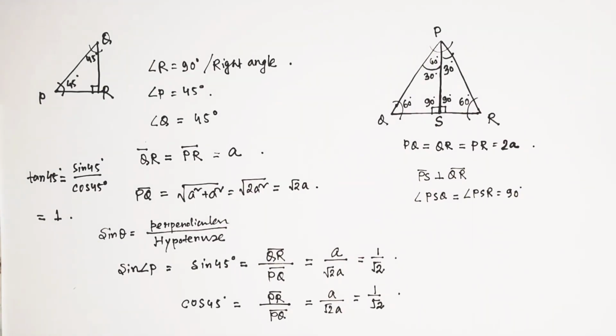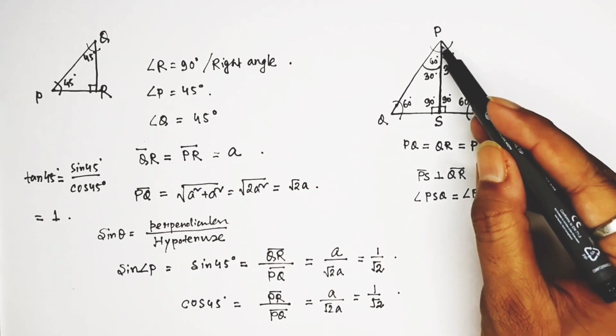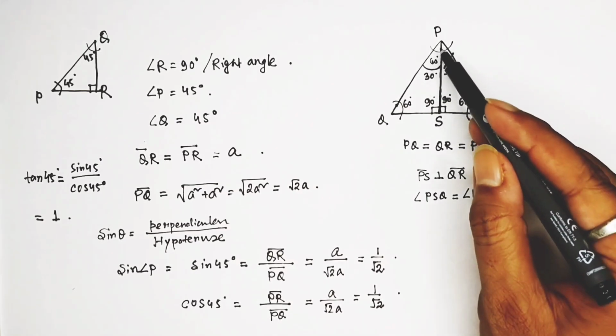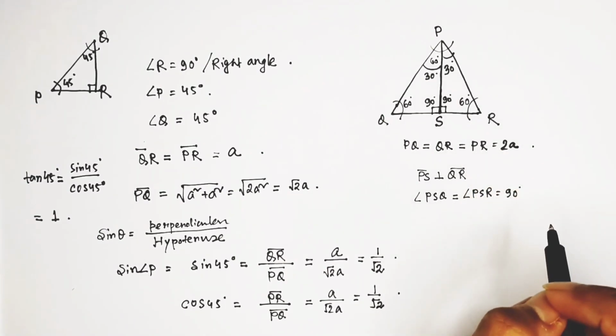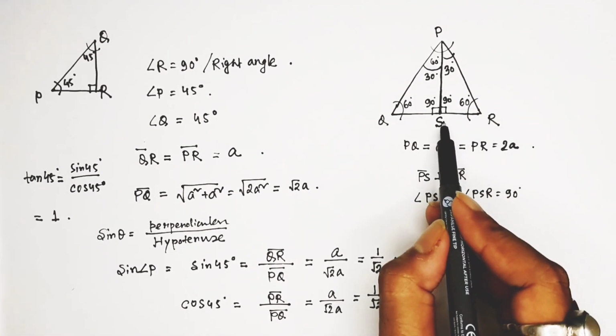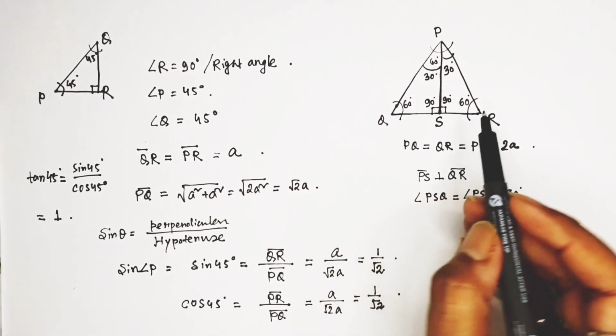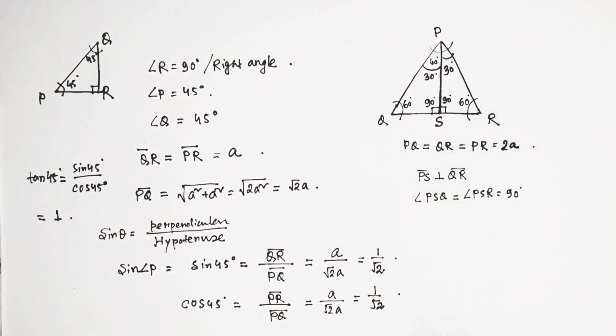From the properties of an equilateral triangle, we know that the altitude, or height, or perpendicular of an equilateral triangle is equal to its median. So here S is the midpoint of QR and PS is the median.